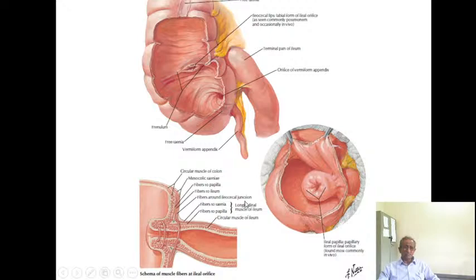This is the interior of the cecum. This is the ileocecal valve, which is like a transverse slit having a lower horizontal lip and an upper curved convex lip, and the opening of the vermiform appendix is a circular opening.